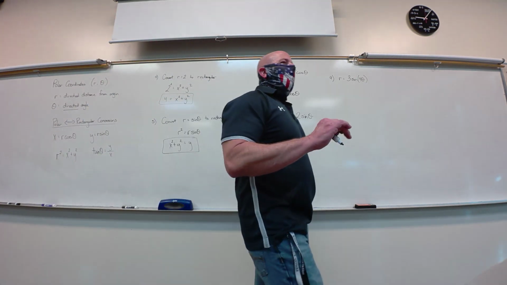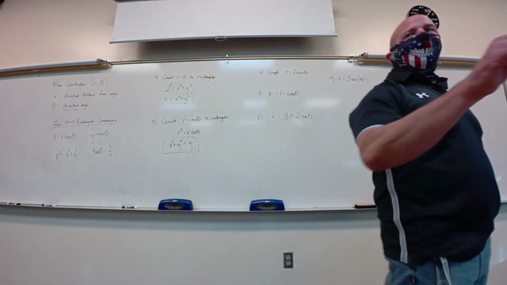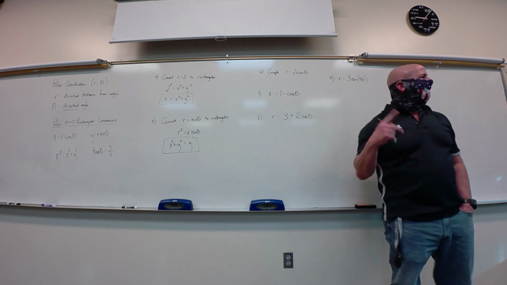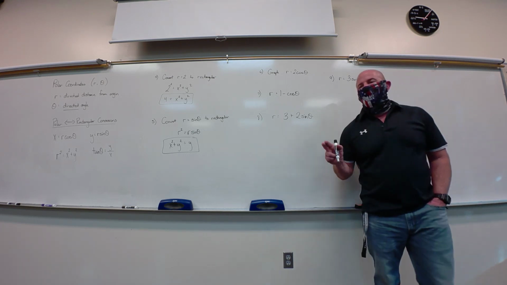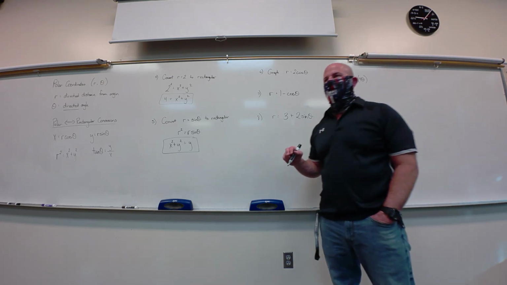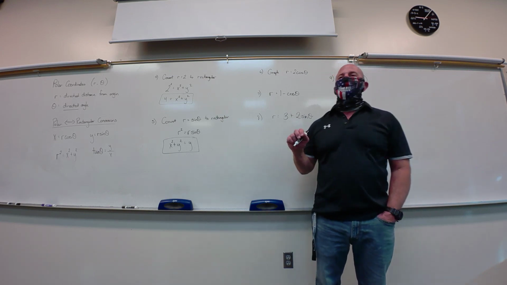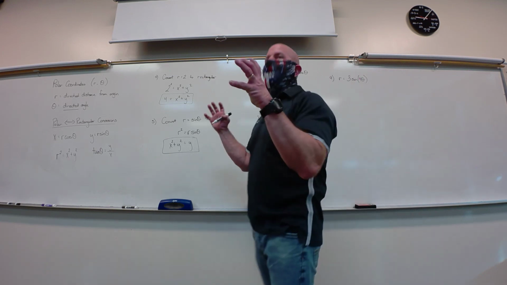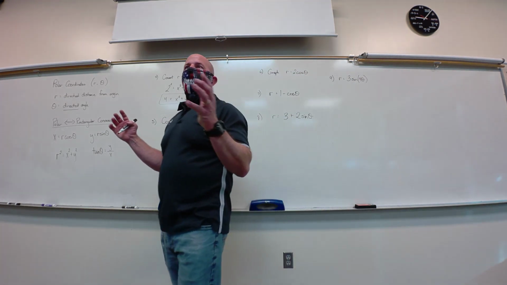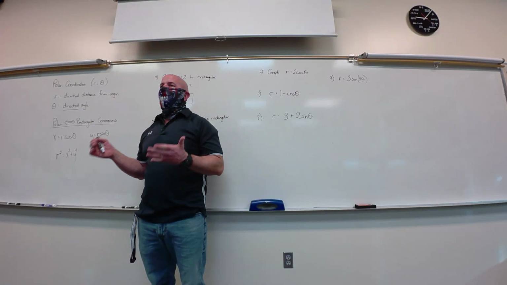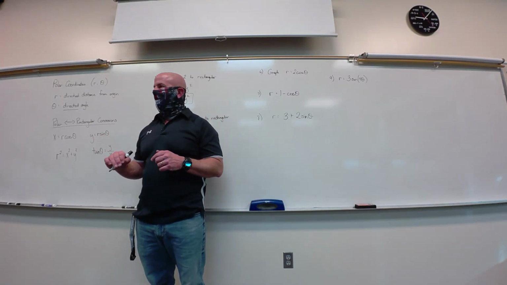But one of the things I do want you to realize, everybody has the 8 petals, and this is going to take us into the next class. Each one of those 8 petals has the same area. Sometimes it doesn't look like it on the calculator, the way the calculator gets stretched in the X direction or the Y, depending on how you have your window. But each petal is the same size.